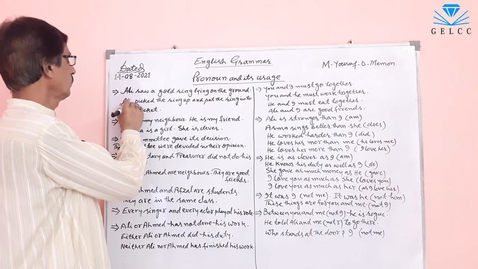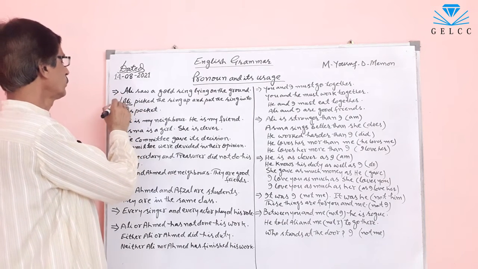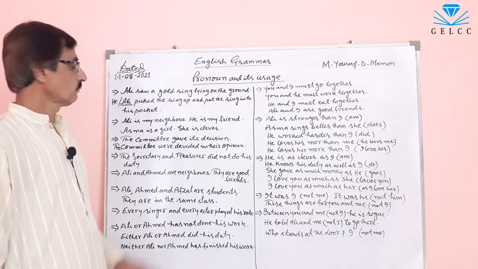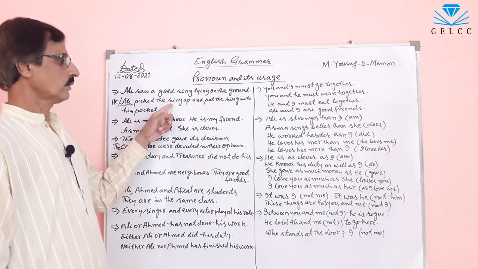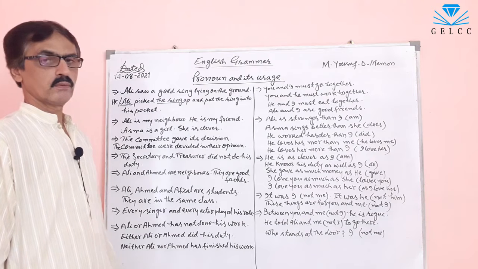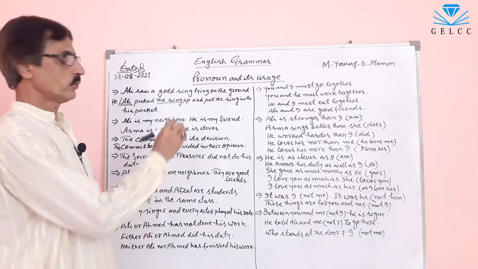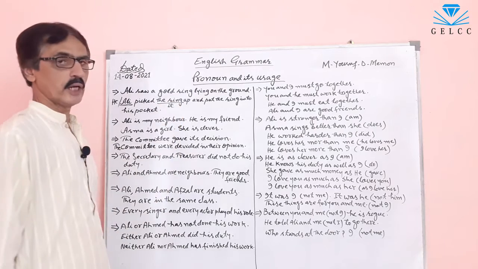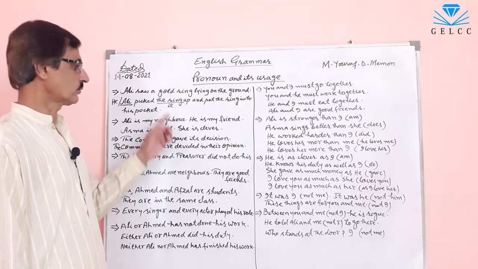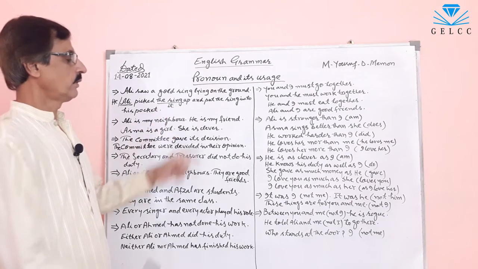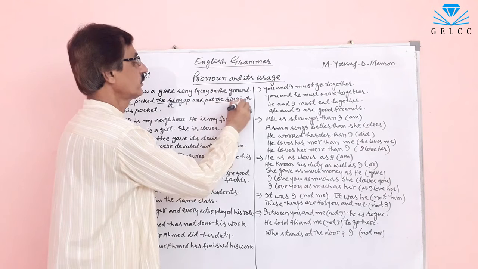Ali is male, so we will use he. He picked the ring. The pronoun for a ring will be it, because it is a lifeless, inanimate thing. He picked it up and put it.